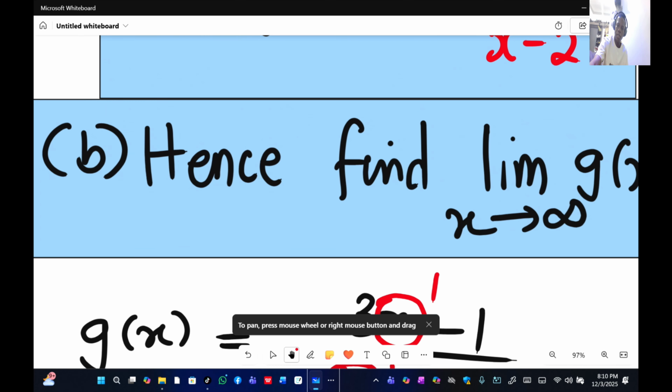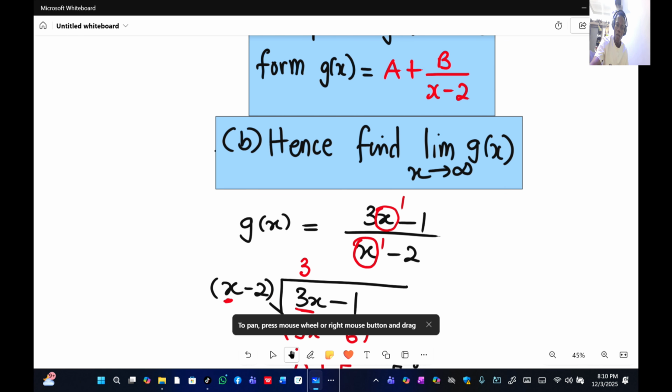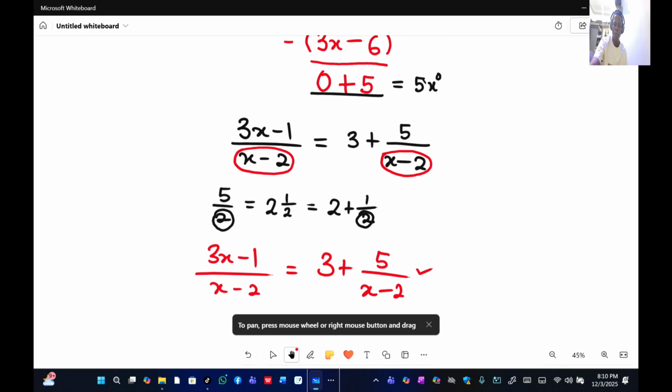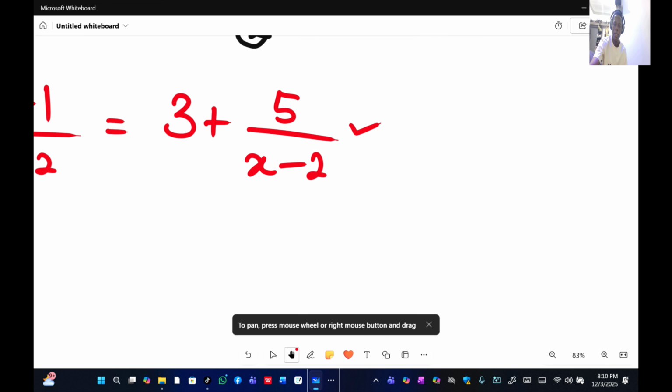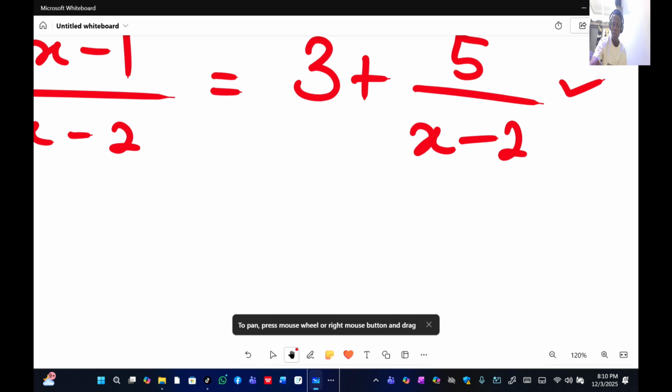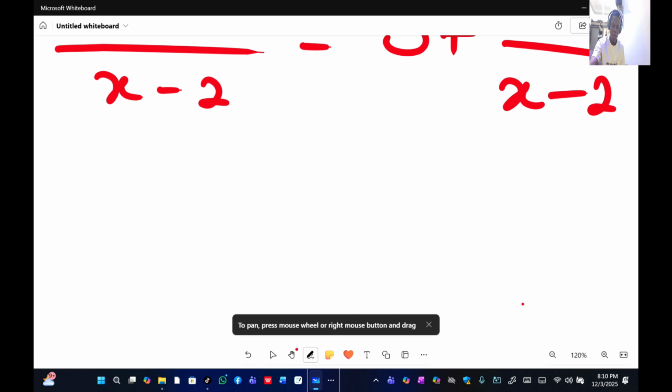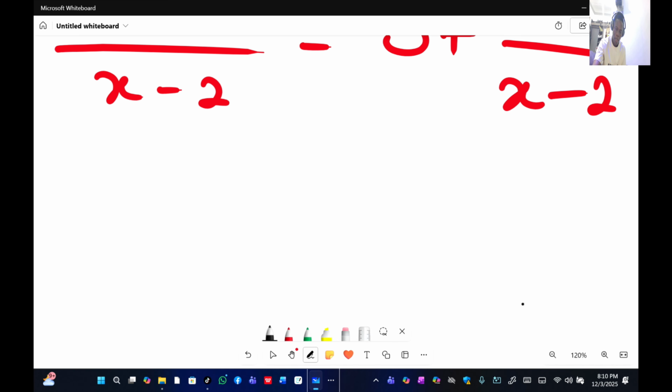So the B part is saying that hence find the limit of the function g of x as its input approaches infinity. So that's the B part of the question. All right. So we have to find the limit of the function as its input approaches infinity.